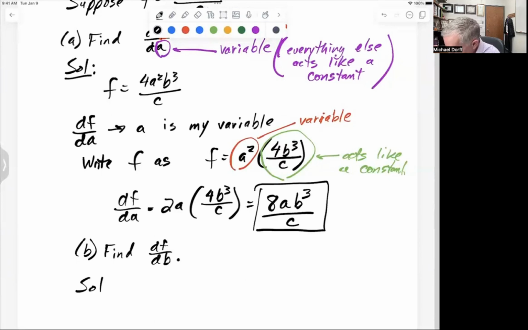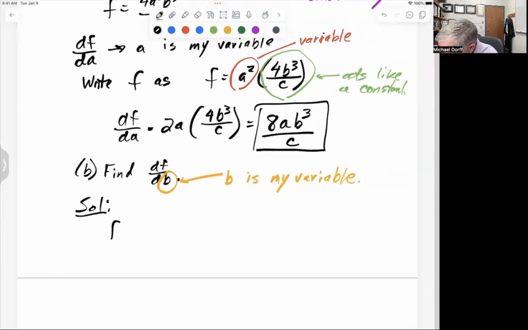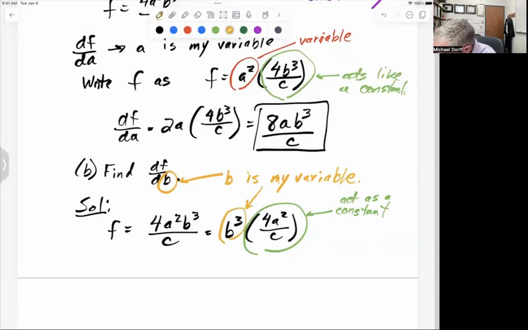Same idea, but now b is my variable. So I'm going to write f as, originally, sorry, that's not right. It was originally 4a squared b cubed over c. I'm going to bring the b out front and put everything else here. This is going to act as a constant, and this is my variable.